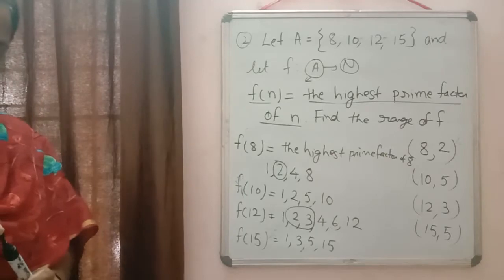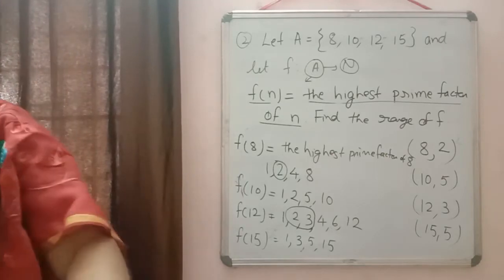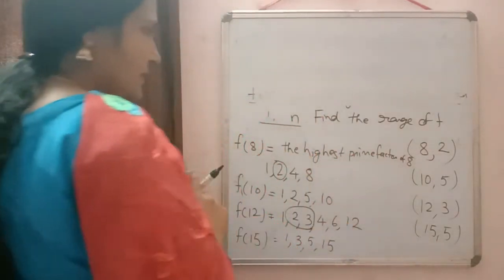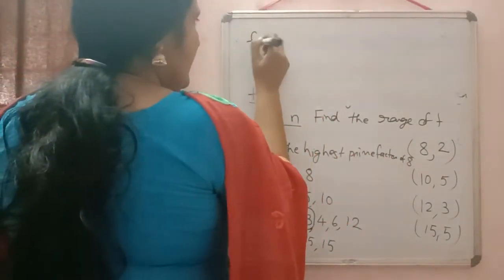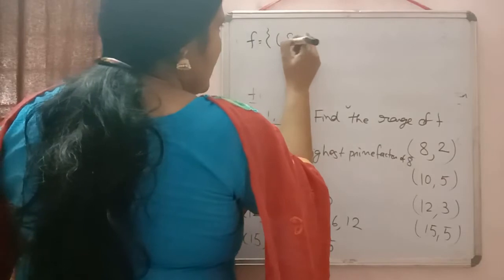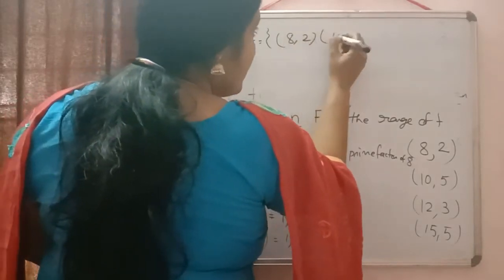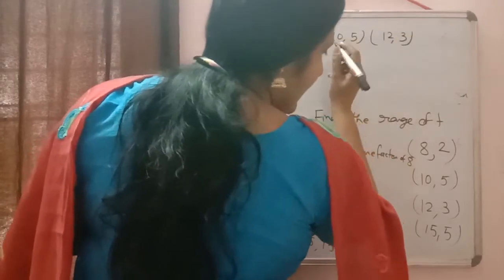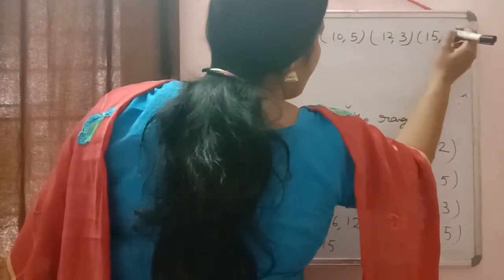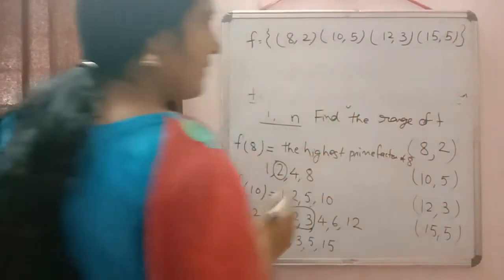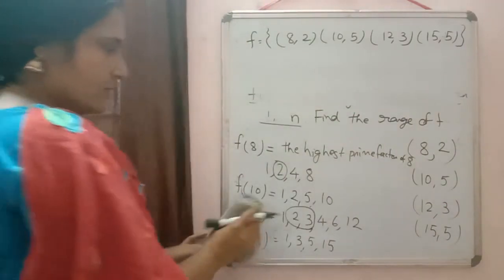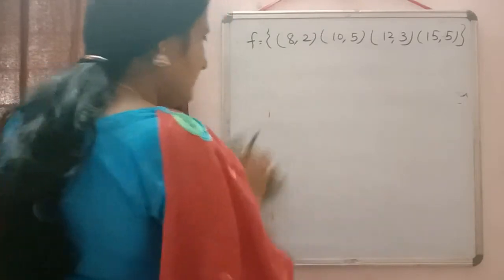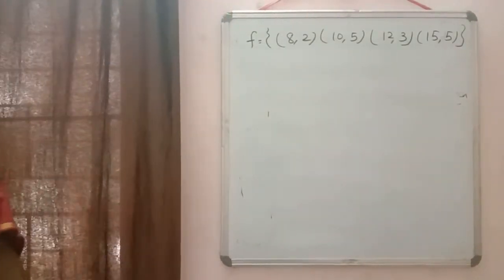So now write down in ordered pair. We are getting the function f as: 8, 2; 10, 5; 12, 3; and 15, 5. And the question asked is find the range of f. When we are writing in ordered pair, we know the set of second elements is called the range of f.